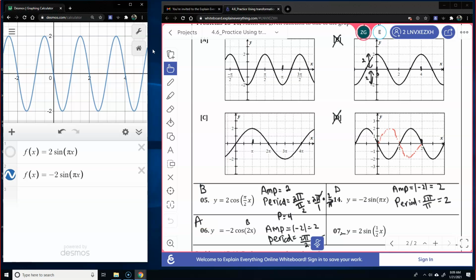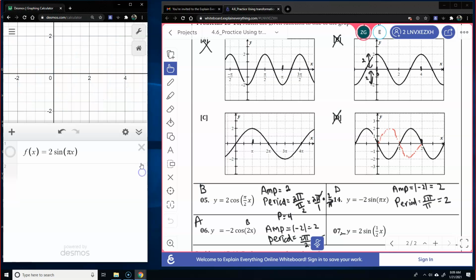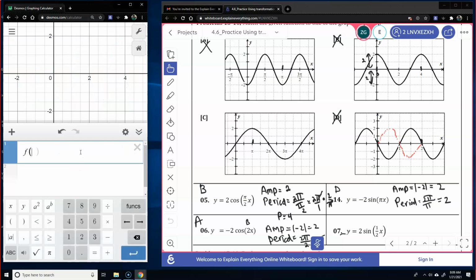And I'm going to go ahead and show you using Desmos why the answer is A. So let me clear this out. So we have f of x equals -2 cosine of 2x.